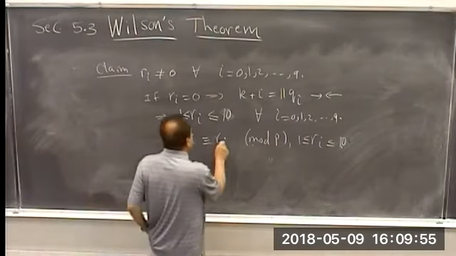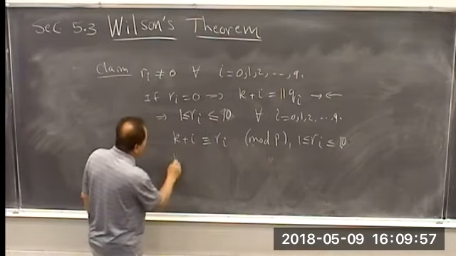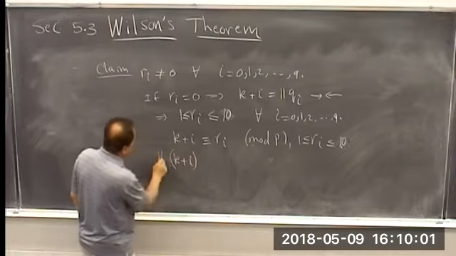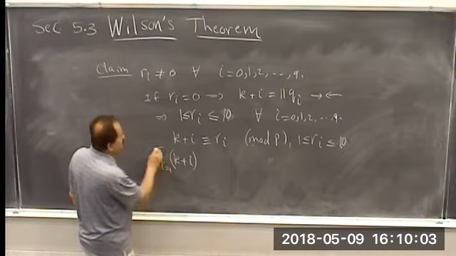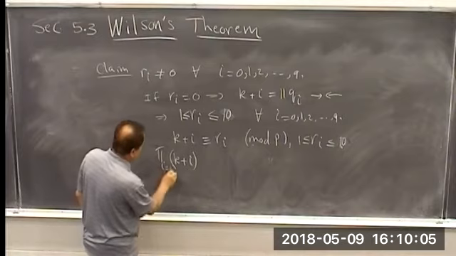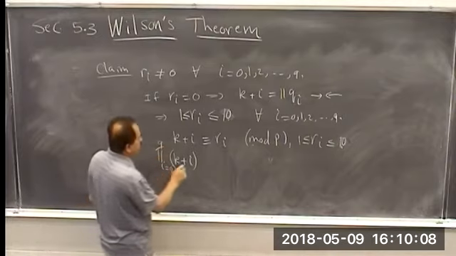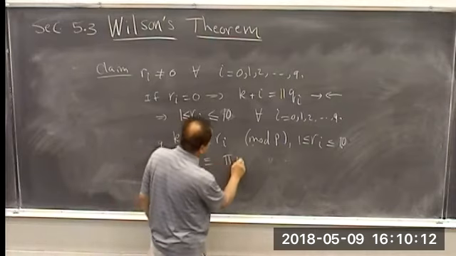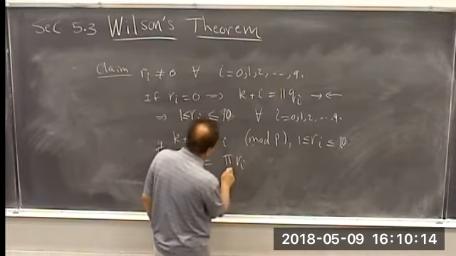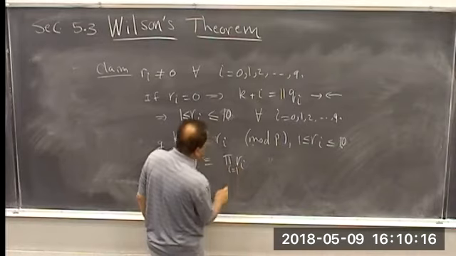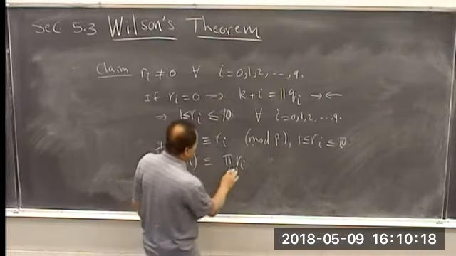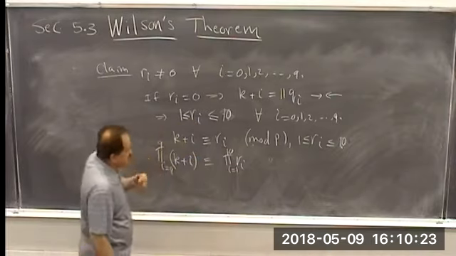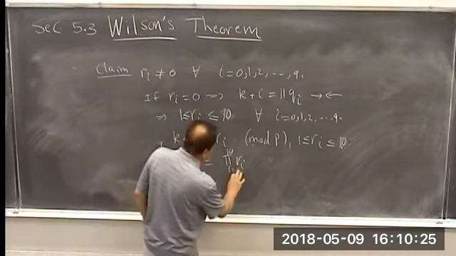And now the product of these, we take the product from i equal 0 to 9, this is going to be congruent to the product of the r sub i, i from 0 to 9.